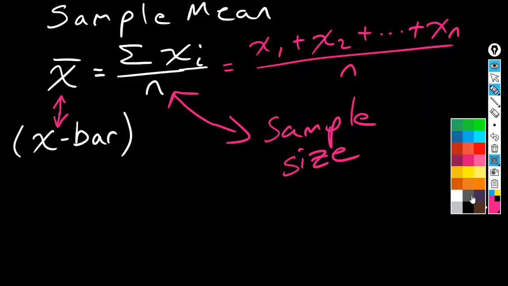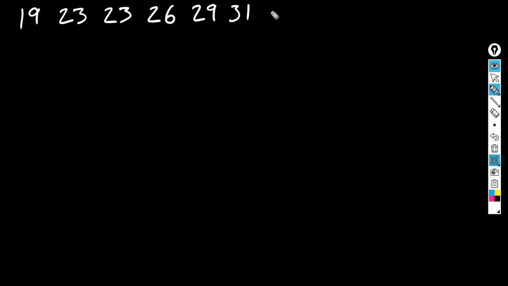Even though this is relatively simple, let's go ahead and run through an example. We're just going to do a single example, because the only difference between a population mean and a sample mean is what kind of data. When you use which one, the real difference is just notation, whether you use mu or x bar.